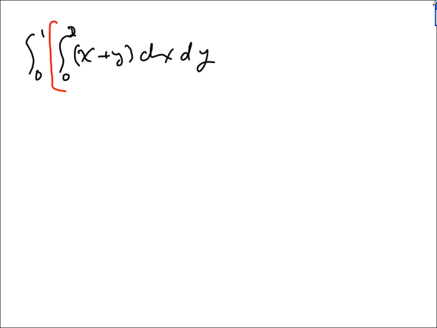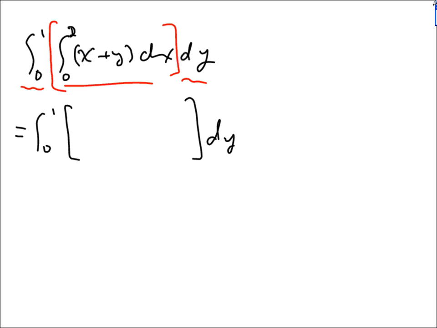It's the integration of what I just boxed, and whatever that is, we integrate that with respect to dy. So first we want to figure out what that first integral is. And once I have that answer, I promise you I will integrate that with respect to y.